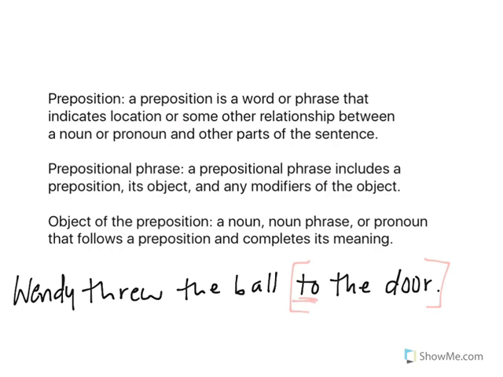To would be the preposition, and door would be the object of the preposition. So we label this as P or prep, and we label door as OP, and then the is just a modifier as normal, so you label that as article adjective.